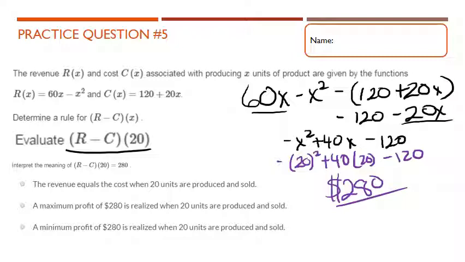Or you could have the minimum profit of 120 is realized when 20 units are sold and produced. Okay? So when you subtract those two functions, that would be the minimum profit, right? So your answer should be C.